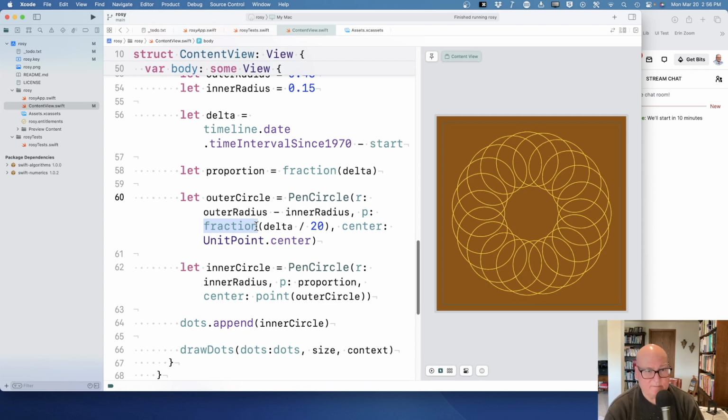I guess I'm feeding in one delta. Proportion is just delta, fraction of delta. Okay.